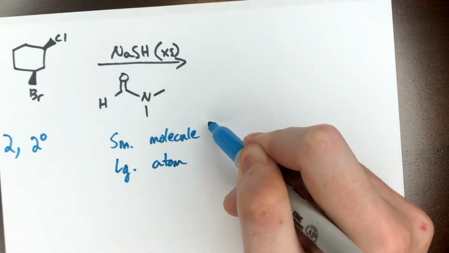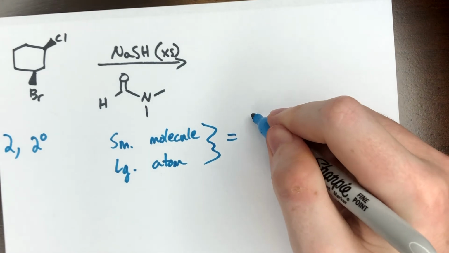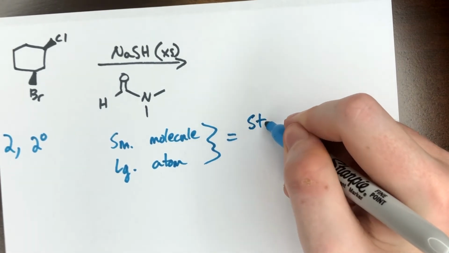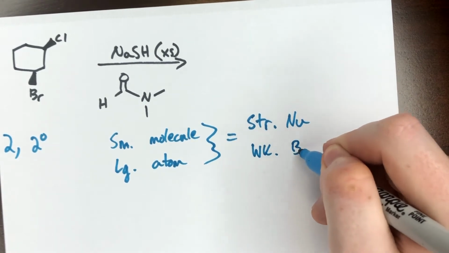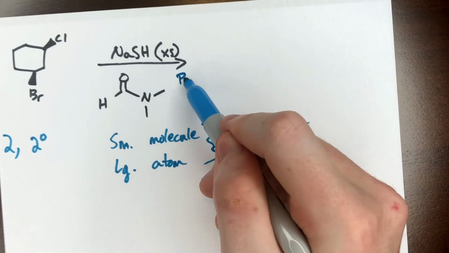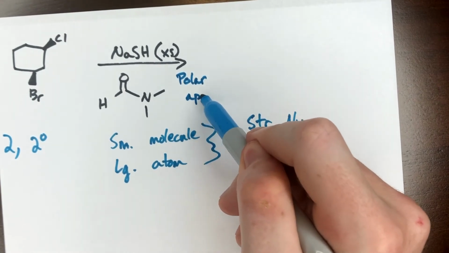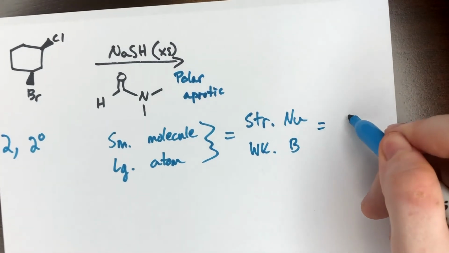So that is an excellent nucleophile, so strong nucleophile, and a weak base. Okay, and this is also a polar aprotic solvent. So putting all this stuff together, this is definitely going to be SN2.